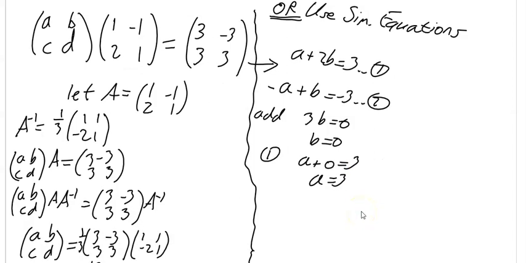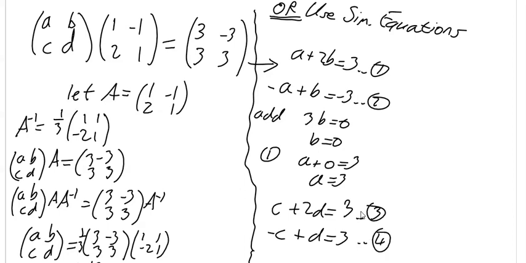Okay, so the next thing we're going to do is find your C and your D. So we're using your second row, first column, and that will give you C plus 2D is equal to 3. I'll call that equation 3. And then your second row, second column will give you minus C plus D is equal to 3 as well, and that is your equation 4.